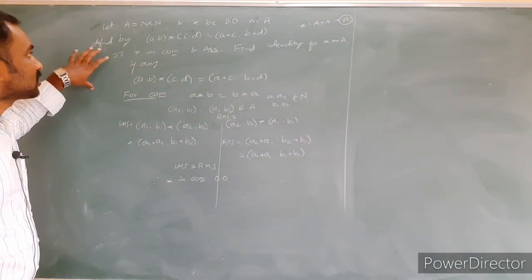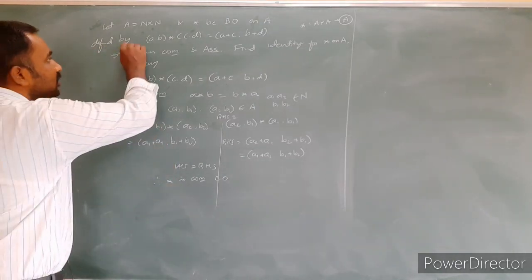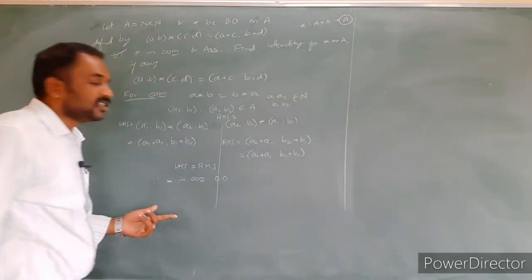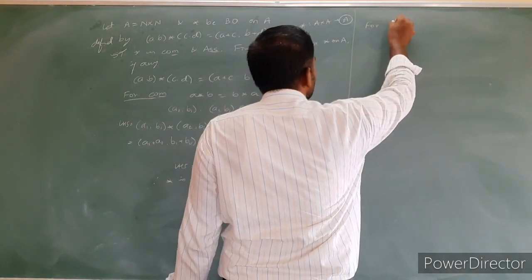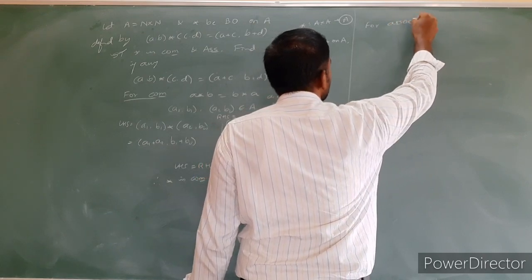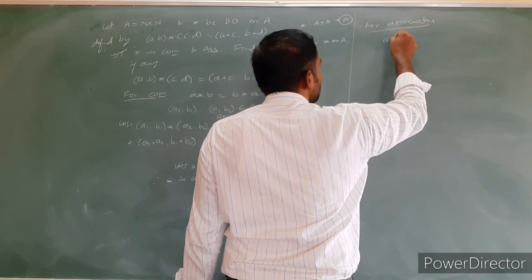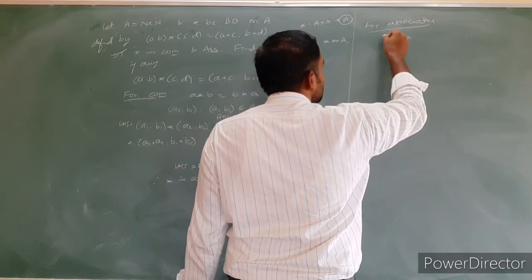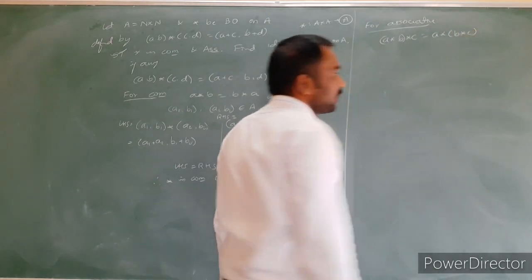Now, what is the next thing? After commutativity, the associative law. Similarly, we take the associative law. For the associative definition, (A star B) star C is equal to A star (B star C).